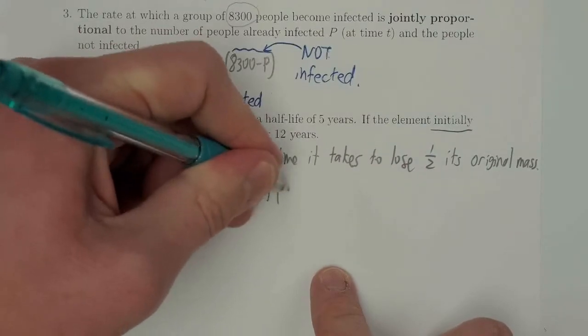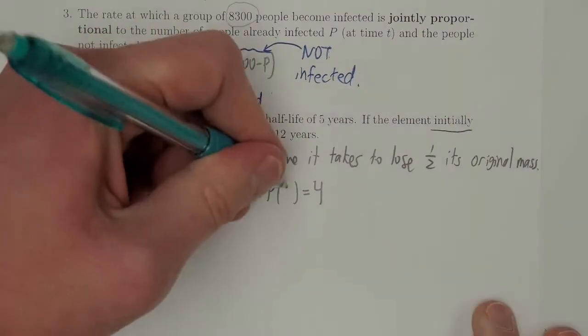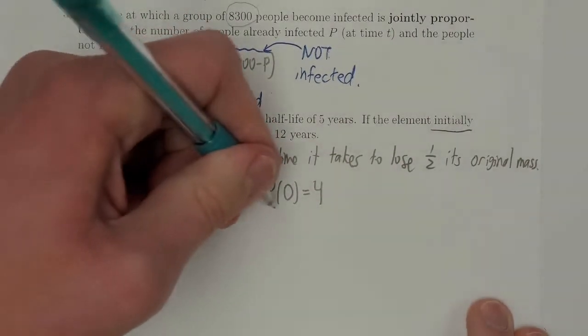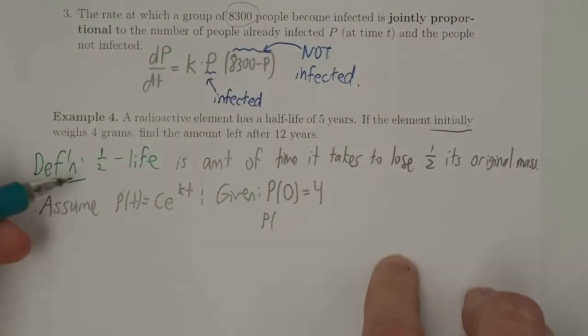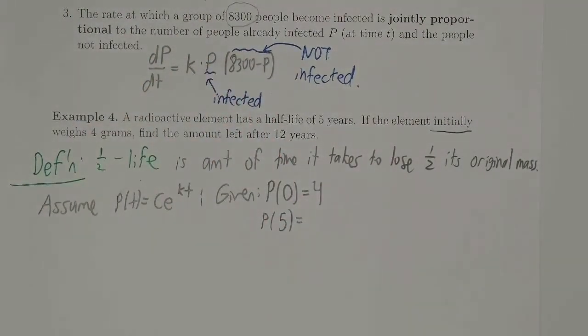That means P of what equals 4? What's that? 0, right? So P of 0 equals 4. And then we also have the half-life is 5 years. So that means P of 5 is then what?